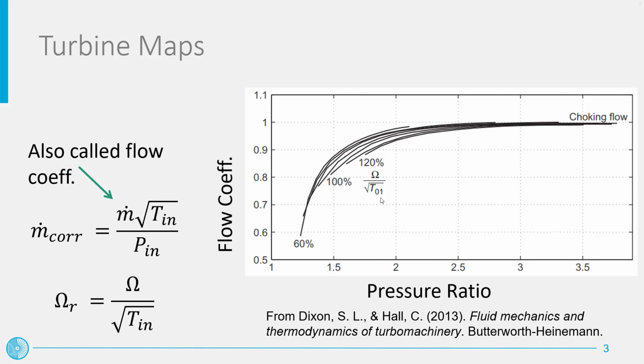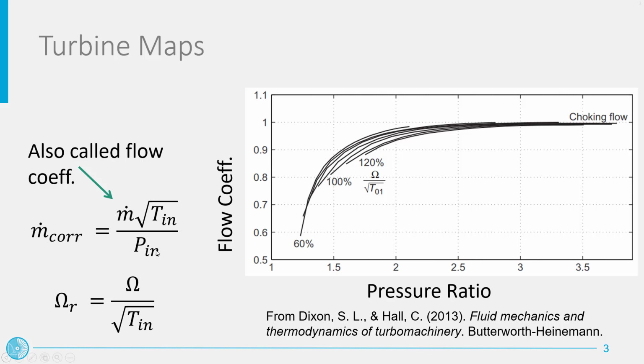The expression for the corrected flow and speed can be derived based on similarity rules. If you are interested in the demonstration, I refer you to Chapter 2 of the book Fluid Mechanics and Thermodynamics of Turbo Machinery by Dixon and Hall, from which I have also taken the chart in the slide. Anyway, to understand the rationale behind the use of these corrected quantities, notice that turbines deal with compressible flows.